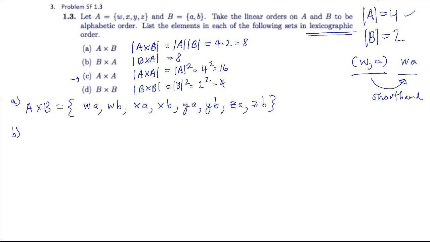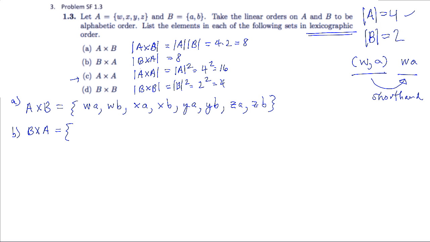Part B is B cross A. And this is a good problem because it gives you, I'm not supposed to be making this a set. Sorry. Well, that is the set. List the elements in lexicographic order.